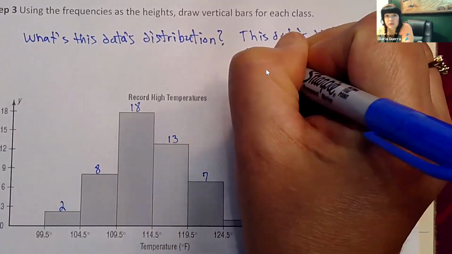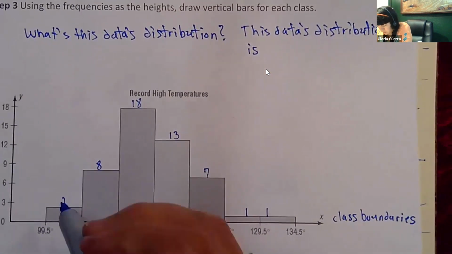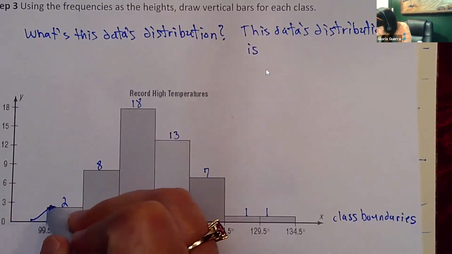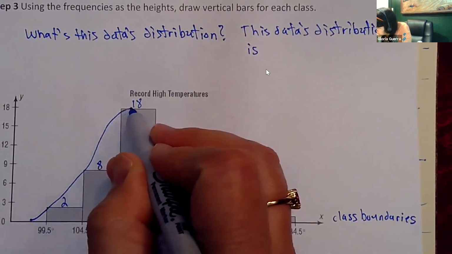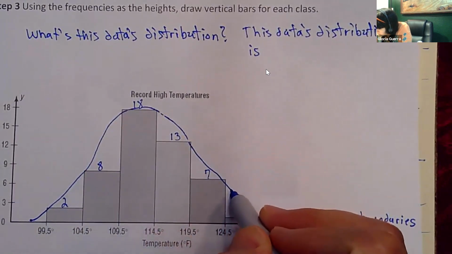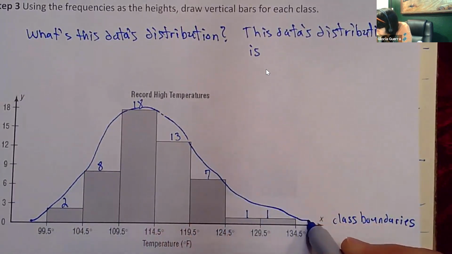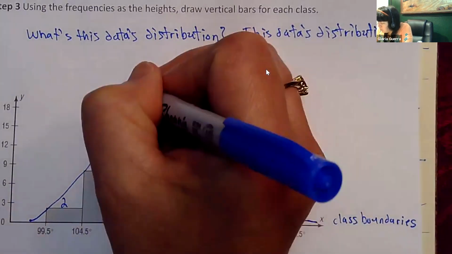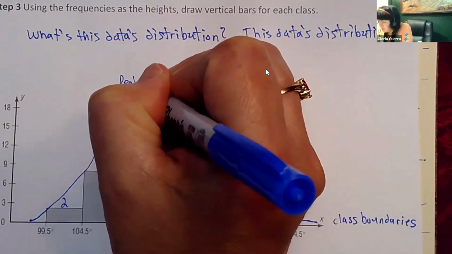So we take a look at this. This is where you would draw a silhouette. You would draw and study a silhouette around your data.